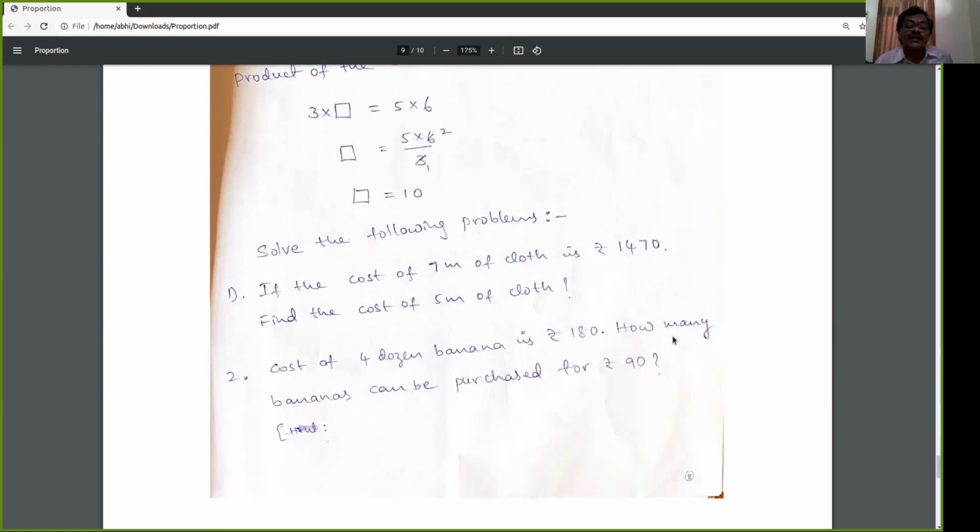We need to find how many bananas can be purchased for rupees 90. So 4 dozen bananas, 4 is to 180 is equal to x bananas is to 90. Then product of extremes is equal to product of means. From that we'll get the number of bananas that can be purchased for rupees 90.